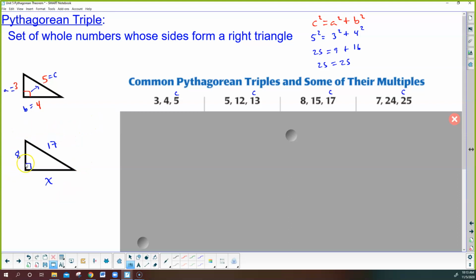What if I tell you that you absolutely know it's already a right triangle, and you know that one side is 8 and the longest side is 17? And if you've memorized this, you don't have to show any work. You automatically know that if A is 8 and C is 17, then the only number that could possibly exist is 15, and you don't have to do any work.